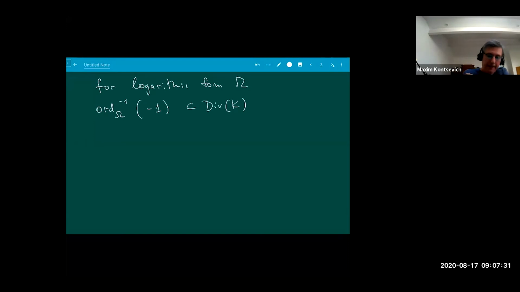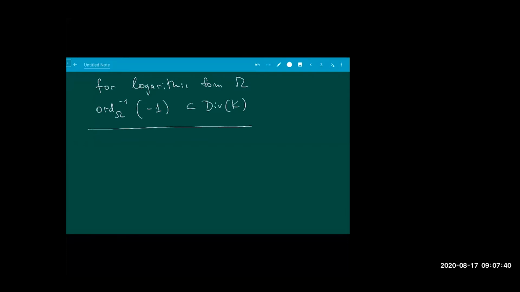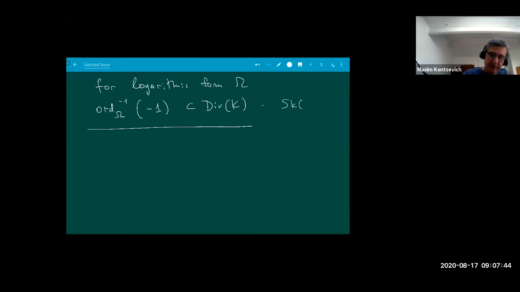Okay. So we have the set. How is it denoted? Maybe something like skeleton. I'll denote it the skeleton of (K, omega) and maybe call it the primitive part. How does it look?